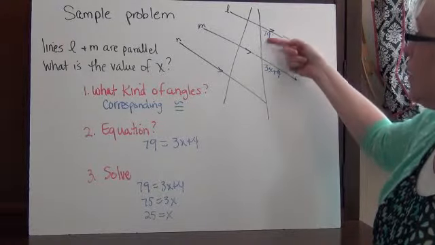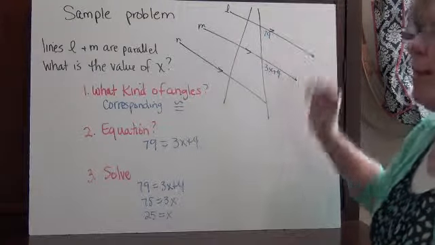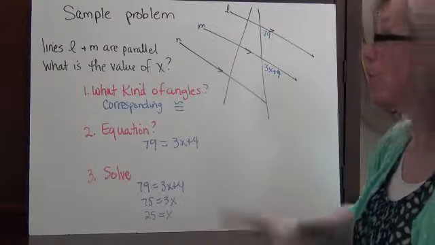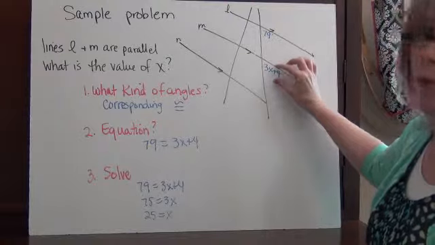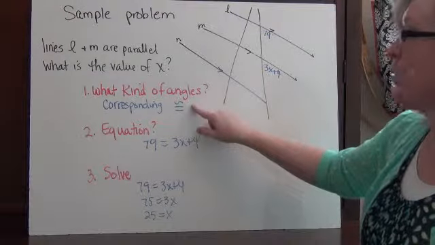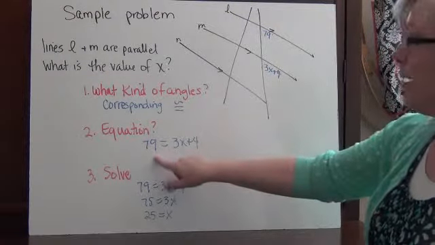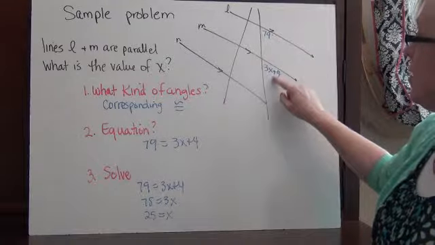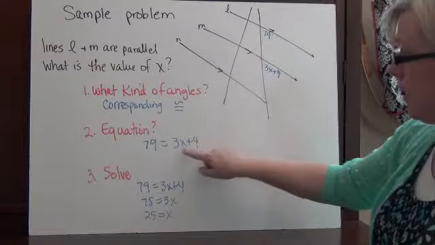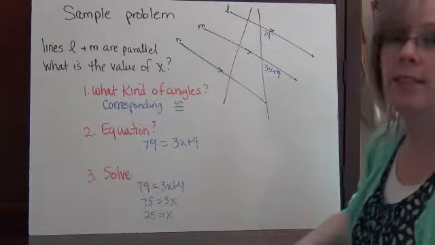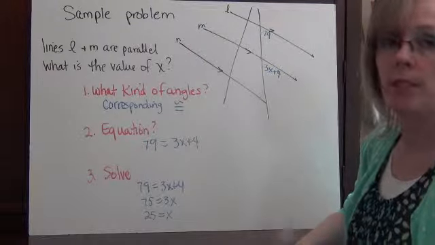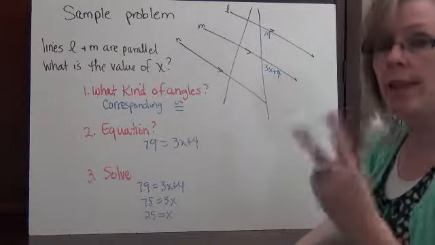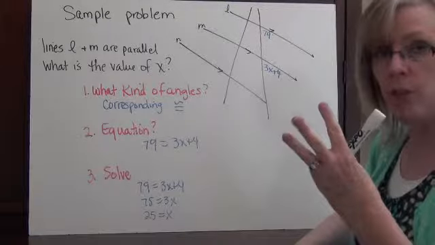They're both directly below their line and they are both on the right hand side of the transversal. So same place, one row down. Corresponding angles are always congruent. So that tells me what my equation looks like. This equals this. Boom. And then I do my math and I find that X equals 25. Find the relationship, write the equation, solve the equation.